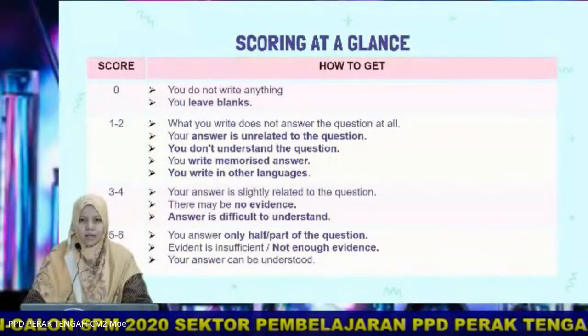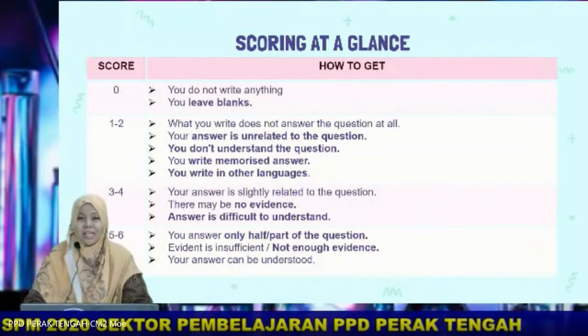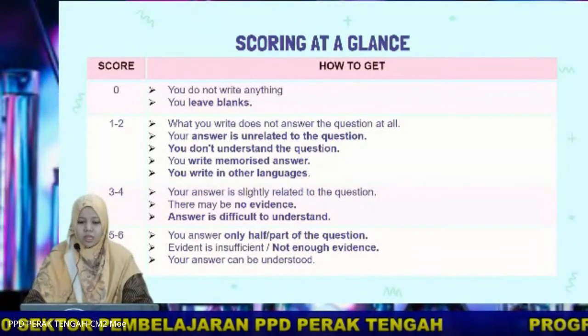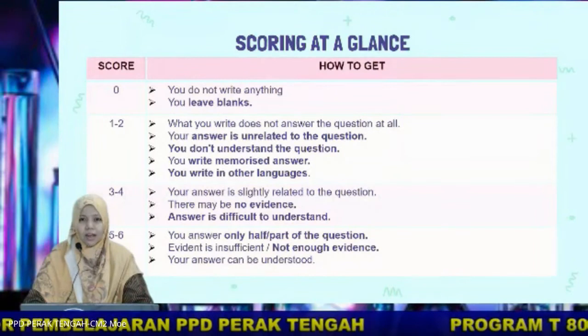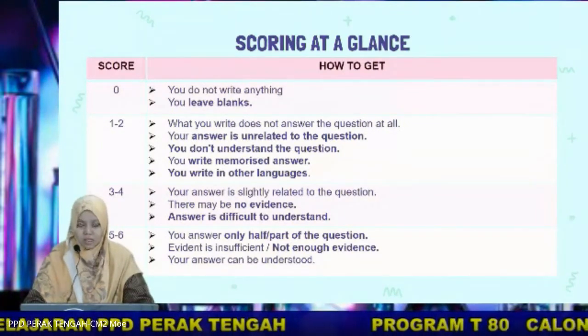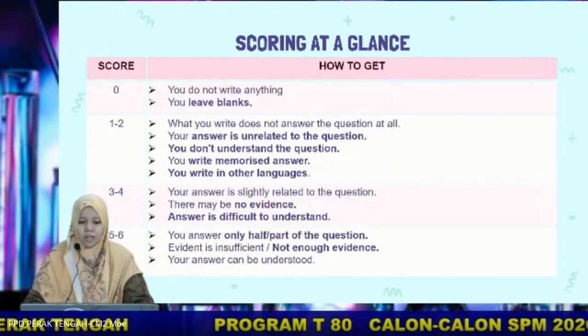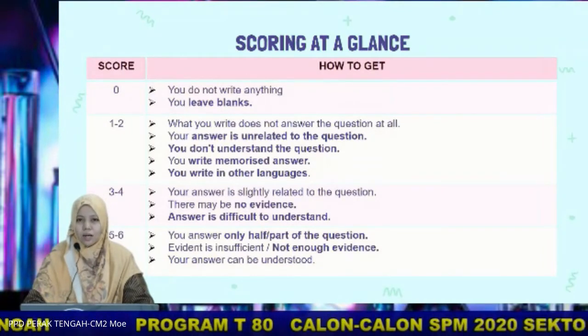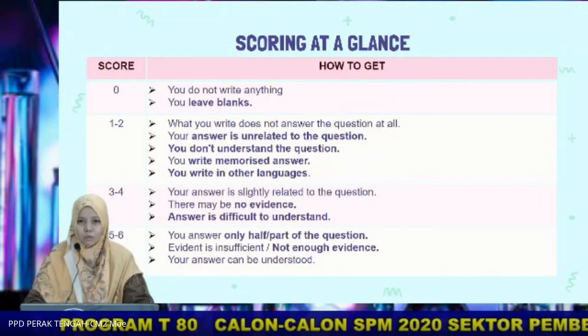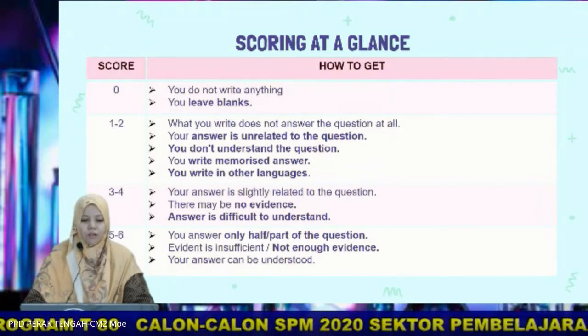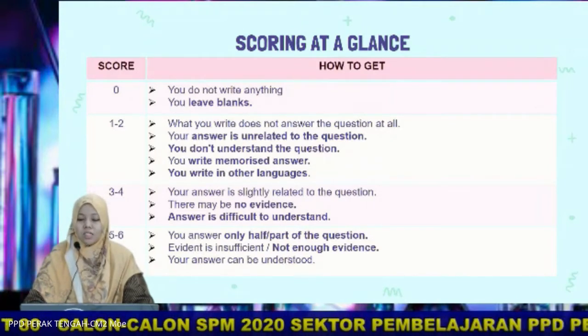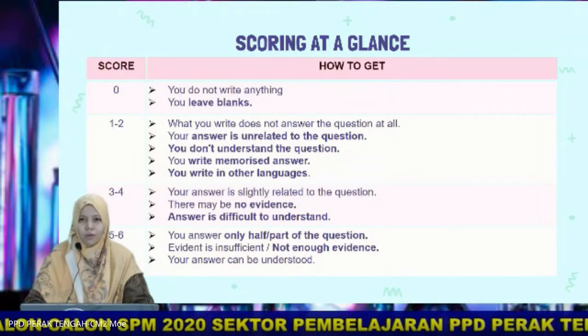For score 3 to 4, your answer is slightly related to the questions, but there is no evidence. What is evidence? The evidence is the plot of the story, okay? And then your answer is difficult to understand. So you will get 3 to 4 marks. And then 5 to 6, you answer only half or a part of the questions.